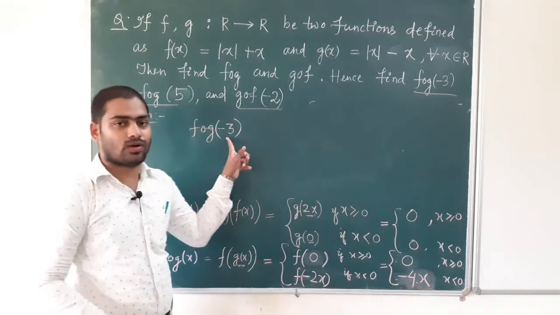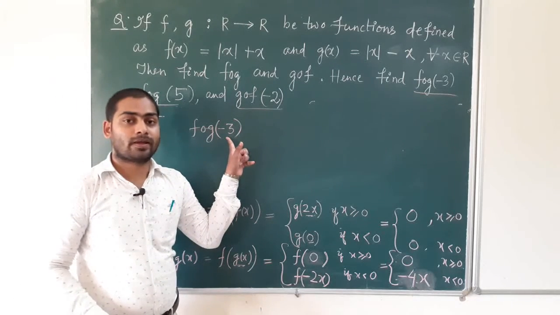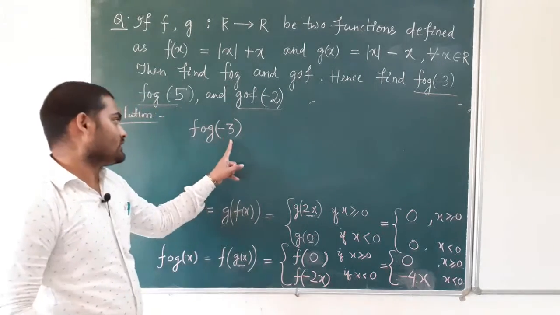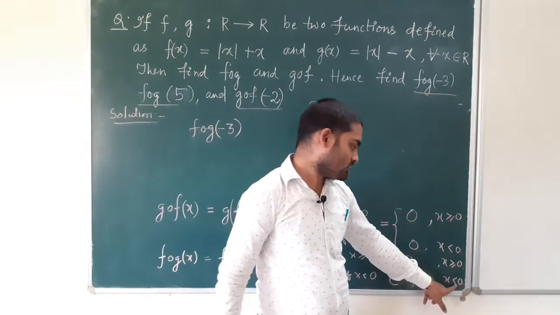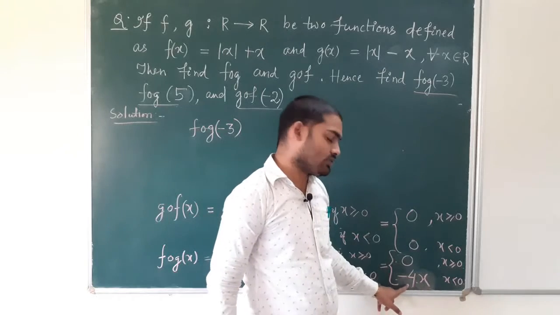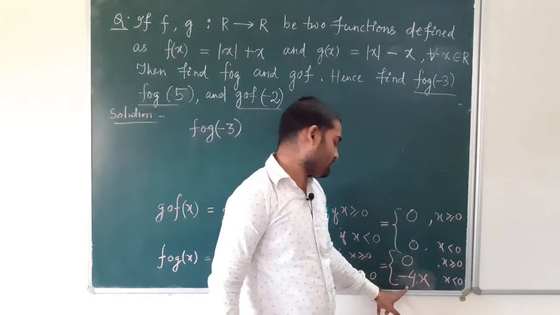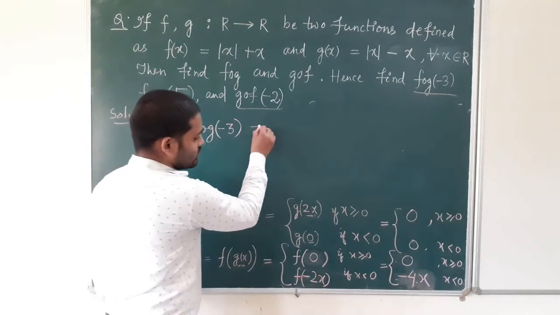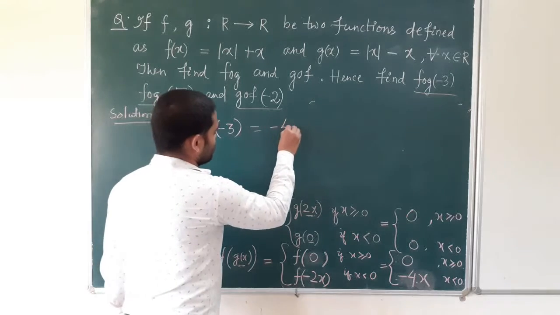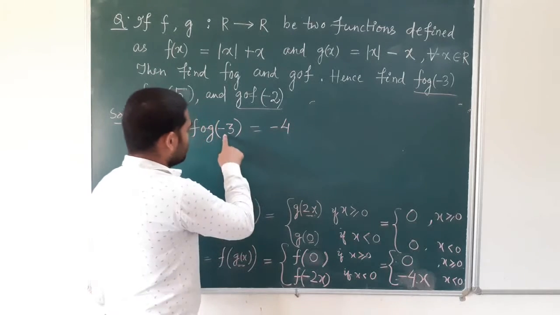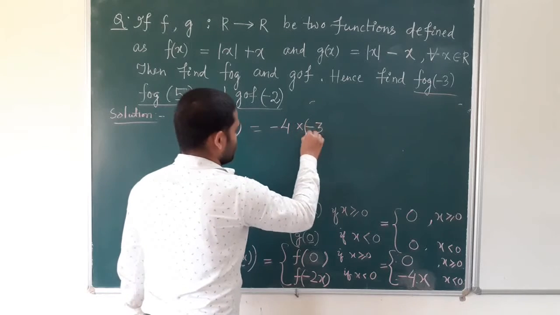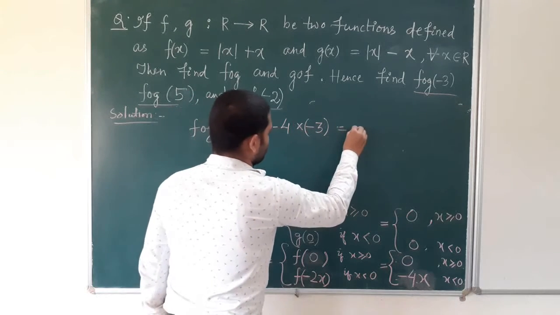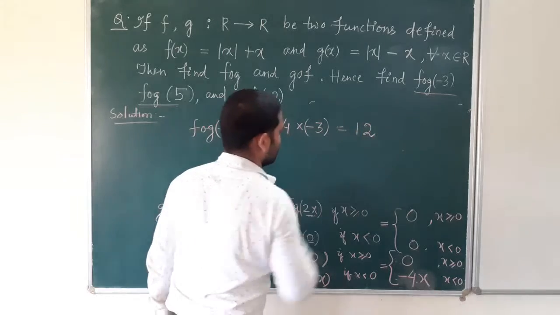This is less than 0, so we use this one. So fog is equal to -4 times -3, that is equal to 12.